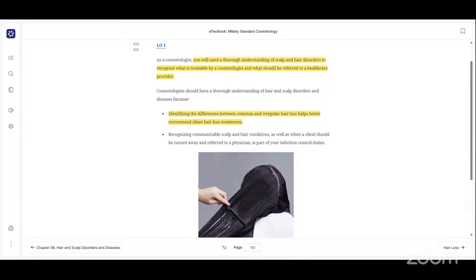So with alopecia areata, round irregular patches are caused by stress and medications. With androgenetic alopecia, the nerve at the base of the brain starts to have pressure put on it.